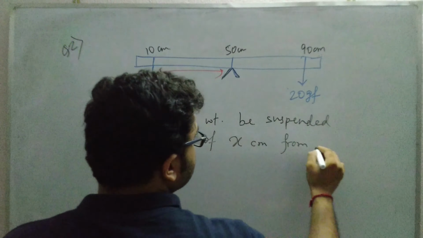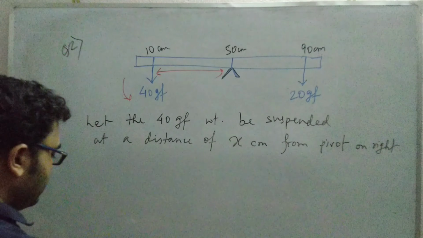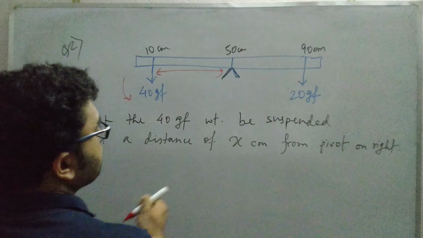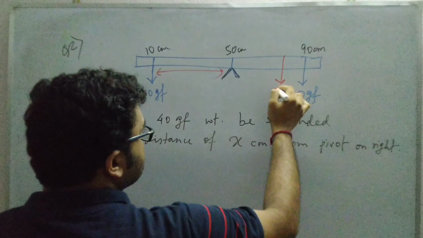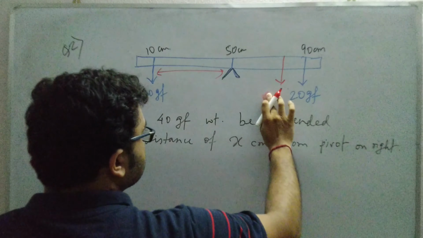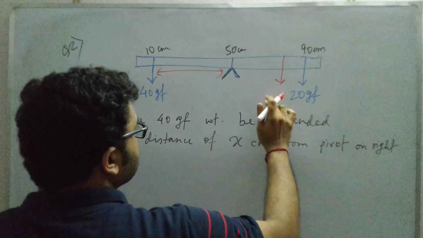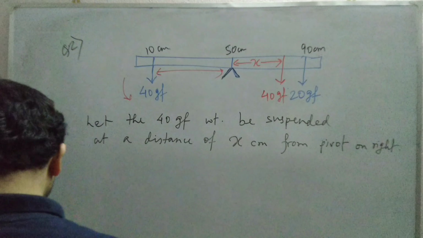We are taking the distance as x. Please note it. So the 40 GF has been suspended from a distance of x centimeter from this pivoted point. It's not the x centimeter mark. The distance has been taken as x centimeter.